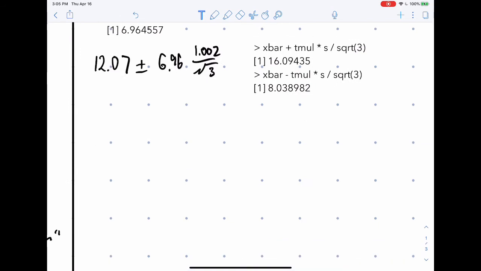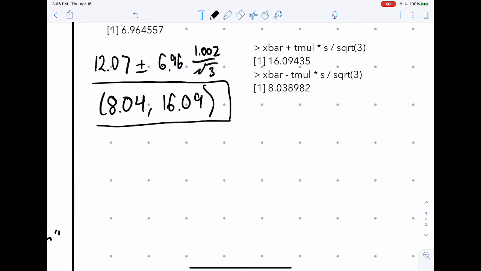And then I get my lower bound of 8.04 and my upper bound of 16.09. So this is the answer. This is my 98% confidence interval for the mean.